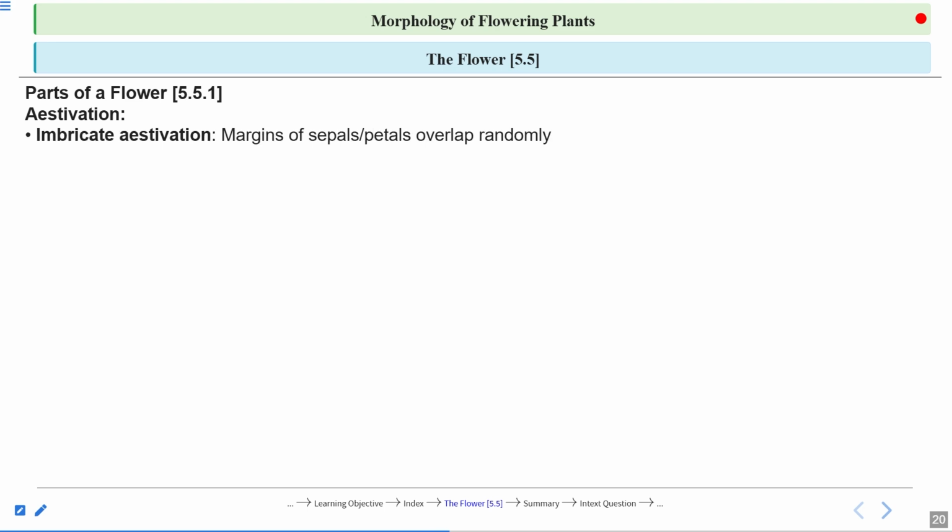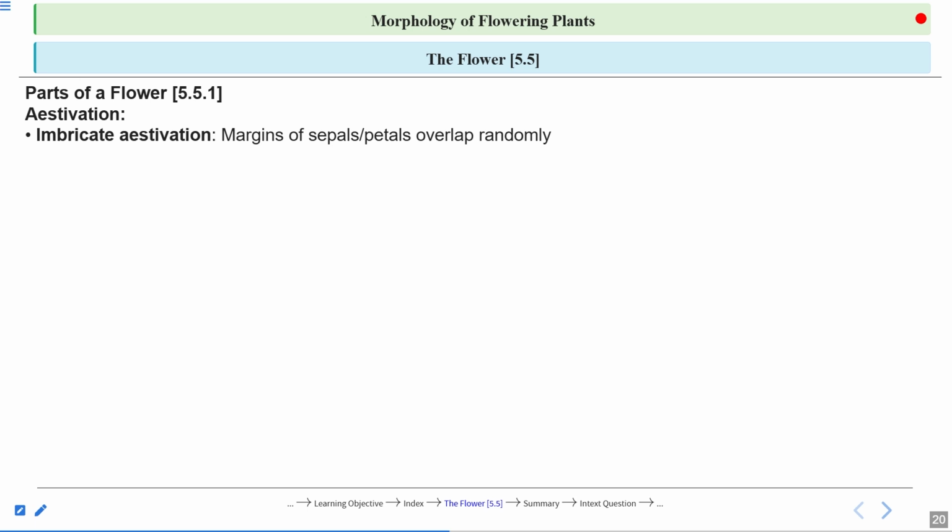Next, imbricate estivation. The margins of sepals or petals overlap randomly. There is no definite orientation of overlapping. Two have a proper overlap. One margin is overlapping, but another is going downward, right? But at some places you will see both the ends overlapping the next two outward.